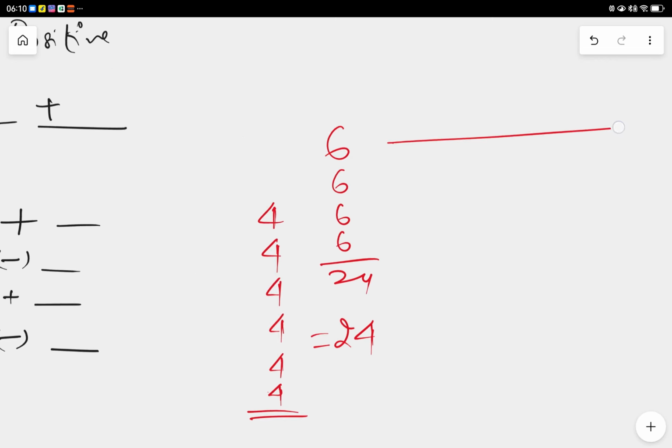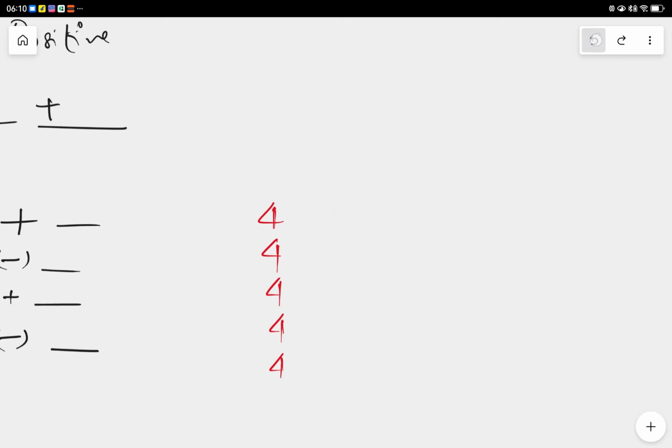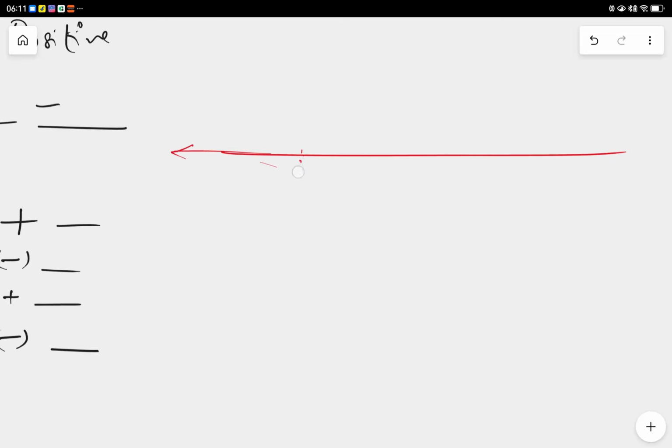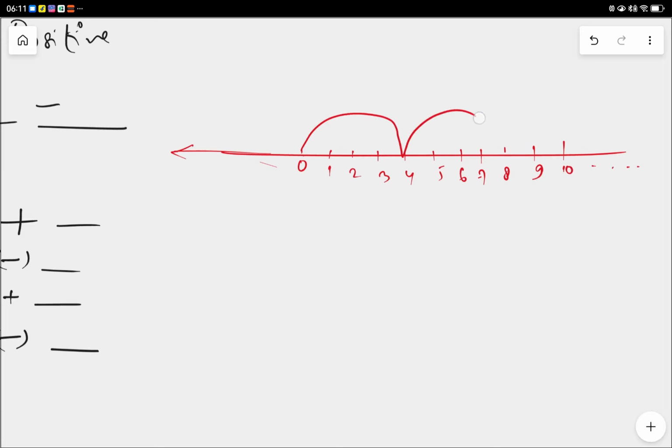Now if you ask me how to do it on the number line, you make a number line, a big number line. So let us remove all this and we can make a bigger number line. 1 2 3 4 5 6 7 8 9 10 and so on, and we'll keep jumping 4, 4, 4, this 6 times.